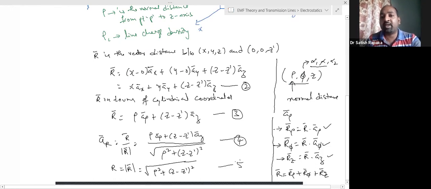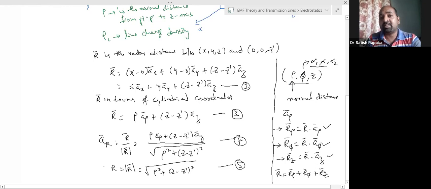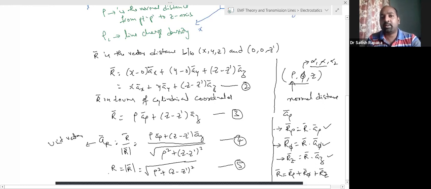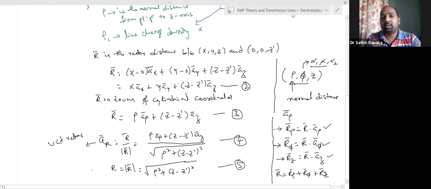So therefore we have a scalar distance, we have the unit vector, and we have the vector distance. This one is the unit vector, and this one is the scalar distance.